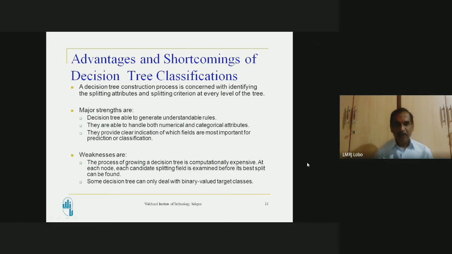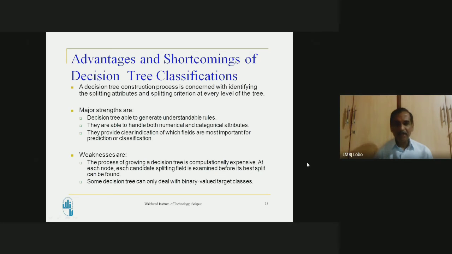They are able to handle both numerical and categorical attributes, and they provide a clear indication of which fields are the most important for prediction or classification. But the weakness is that the process of growing a decision tree is very computationally expensive, because at each node there is a splitting and it is examined before the best split can be found.